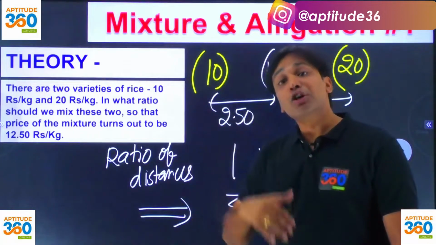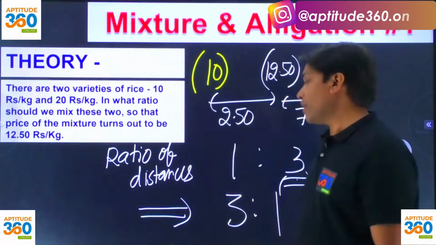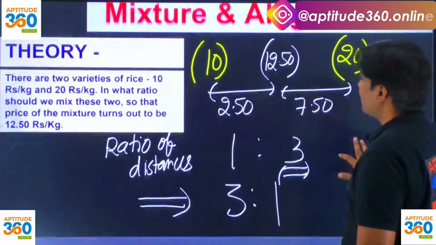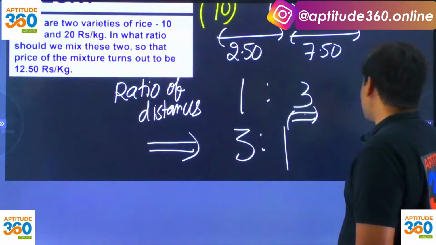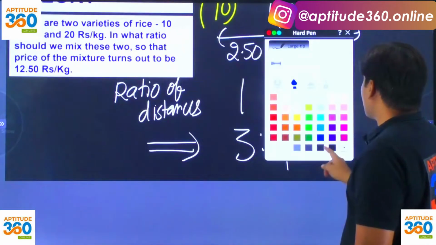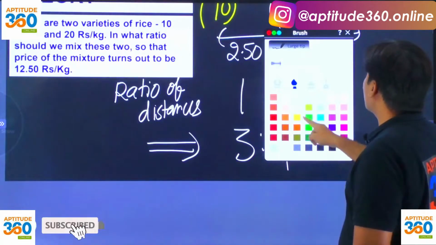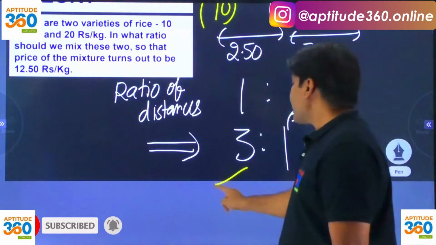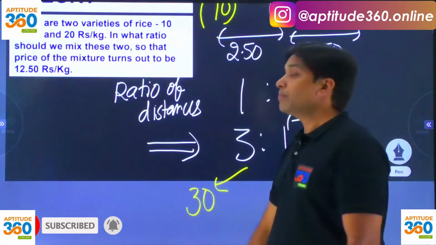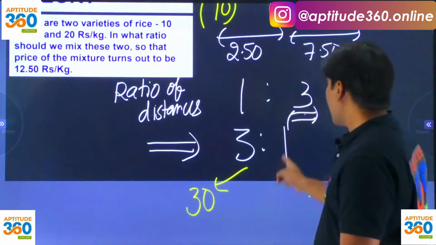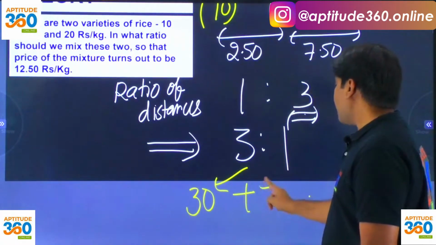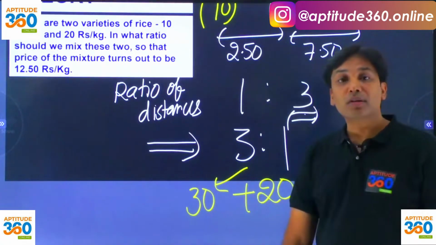So in what ratio you should be mixing them? 3:1 ratio. Can you verify this? Yes, you can verify this. What is that you should be doing? आप क्या कर दो, आप ले लो 10 rupees per kilogram वाली rice को 3 kg. Is that okay? And 1 kilogram ले लो आप 20 rupees per kilogram.